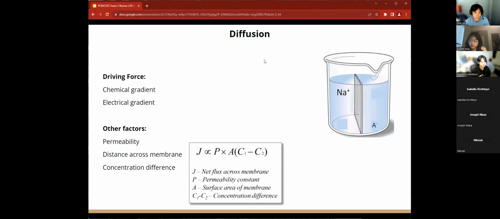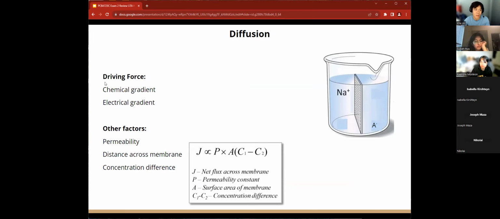So diffusion, right? There's always going to be a driving force for it. You're going to often hear electrochemical gradient, which refers to both a chemical gradient and an electrical gradient. These basically supply the energy to allow these particles to move, despite the fact that they don't use energy.